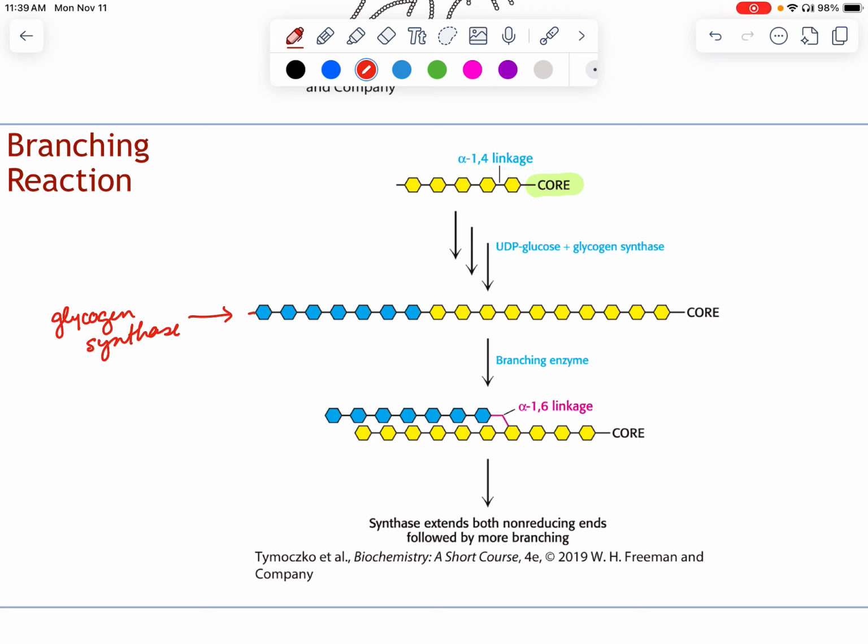But it can't make the branching. And so what happens is that we also have what we call a branching enzyme. And what that branching enzyme does is it cleaves those alpha 1,4 linkages.